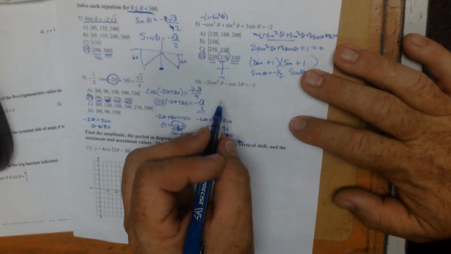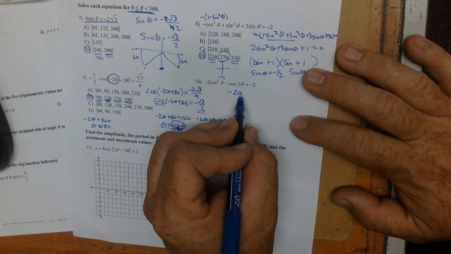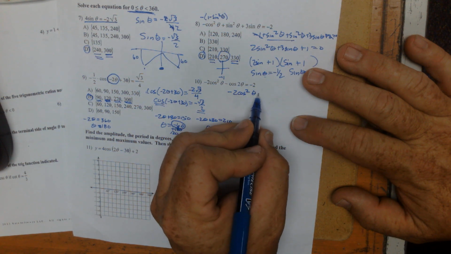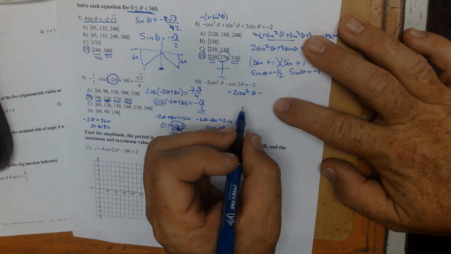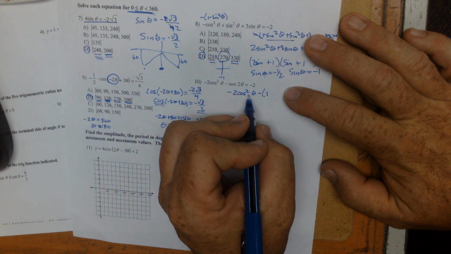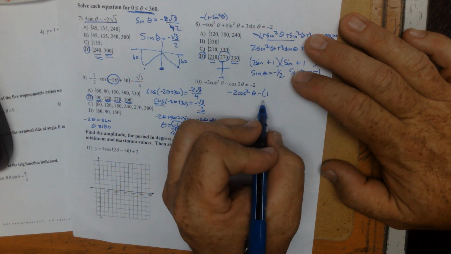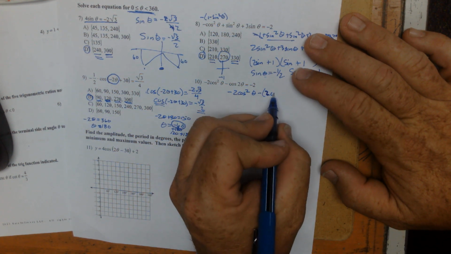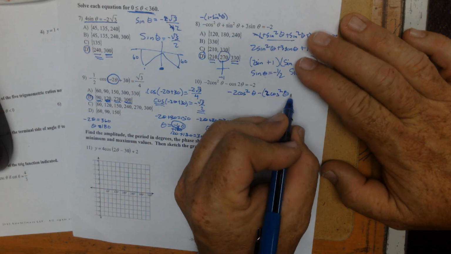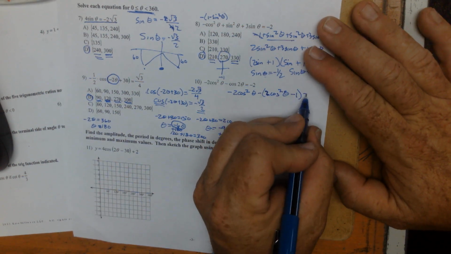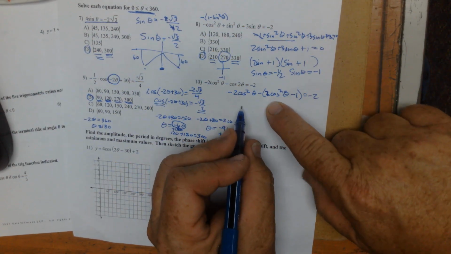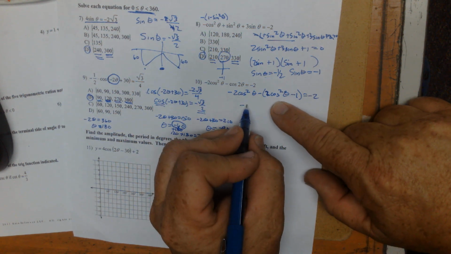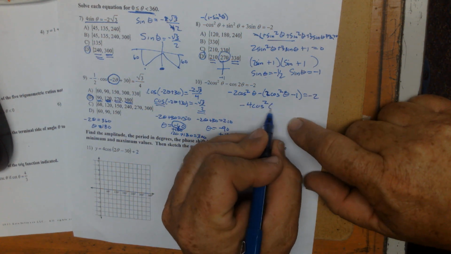All right, this last one here, we get negative 2 cosine squared theta, and I'm going to call this negative 1. Cosine 2 theta is 2 cosine squared theta minus 1 equals negative 2. Distribute the negative in, I get negative 4 cosine squared theta.